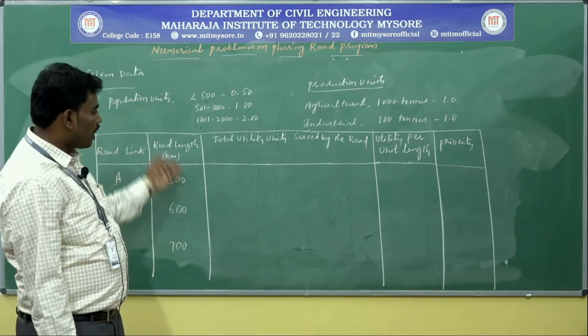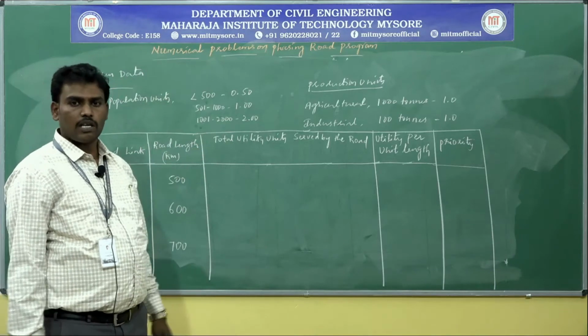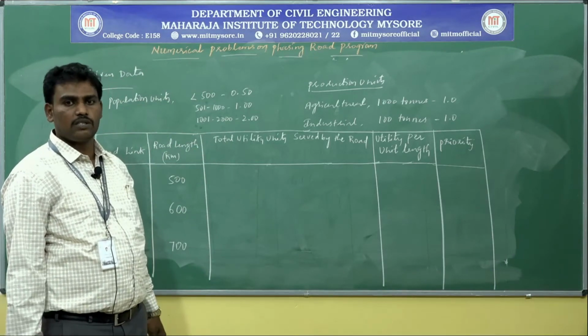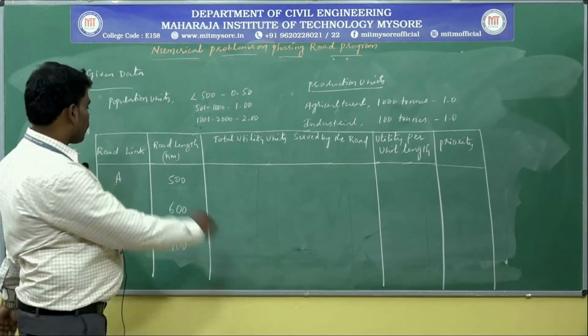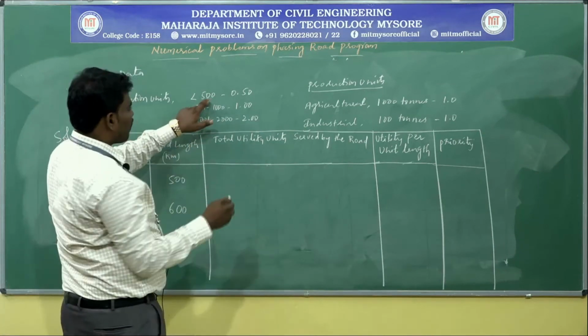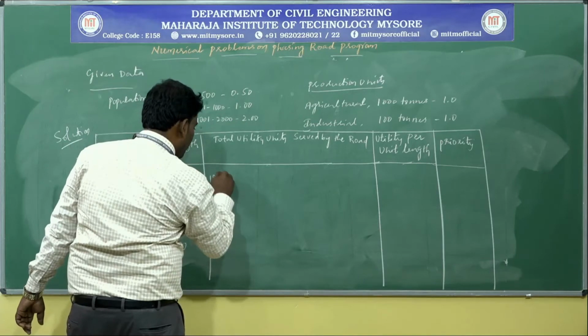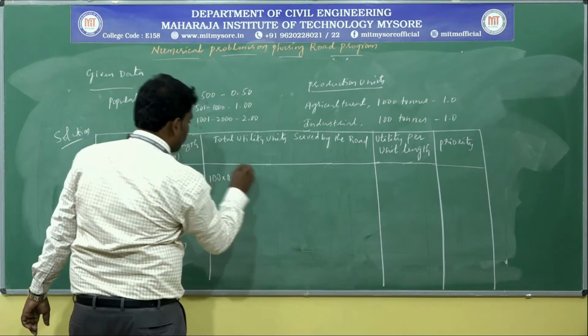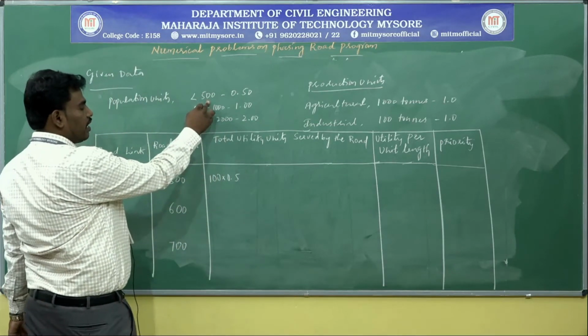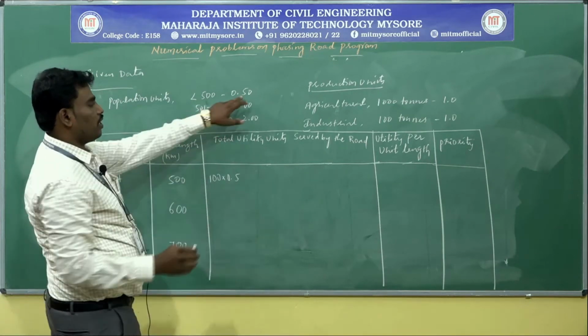So we first convert those population ranges into population units. For case A, less than 500 we have 100 villages, so 100 into 0.5, because for the less than 500 population range the arbitrary unit is 0.5.